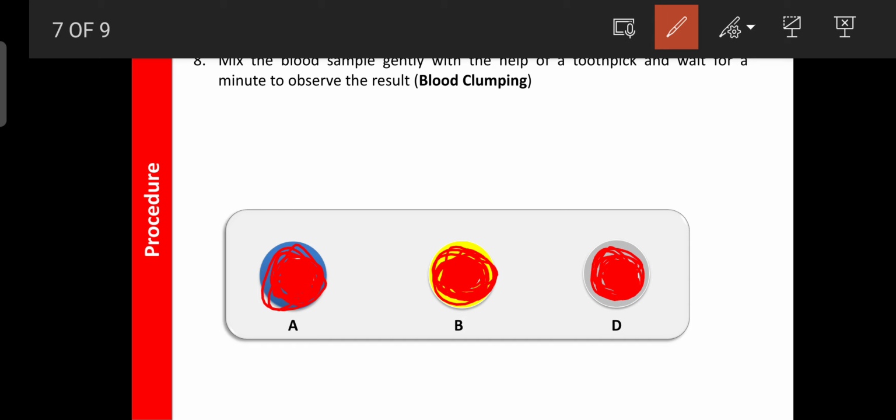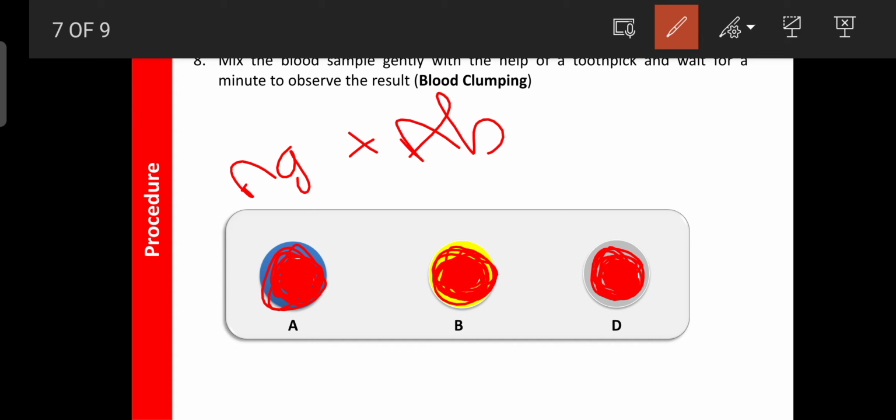You need to wait for 2 minutes to observe where the clot occurs, because our blood contains antigens, and you have already put in the solution with antibodies.